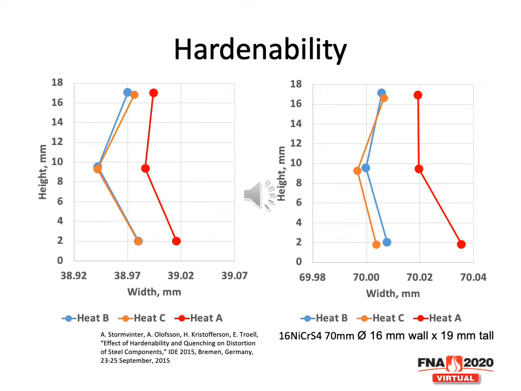In another study that was conducted by Stormvinter, Olofsson, Christofferson, and Troll at the Distortion Engineering Conference in Bremen, Germany in 2015, they looked at the effect of different heats on the distortion, specifically the diameter and height of some small cylinders that were 16 millimeters in diameter and 19 millimeters tall.